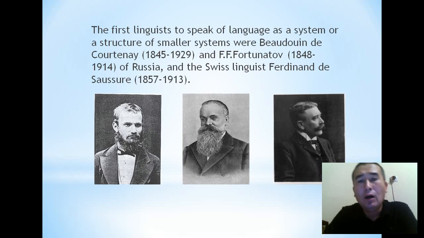The first linguists to speak of language as a system or a structure of smaller systems were Baudouin de Courtenay, Fortunatov from Russia, and the Swiss linguist Ferdinand de Saussure. You can see all these scholars on your computer screens.